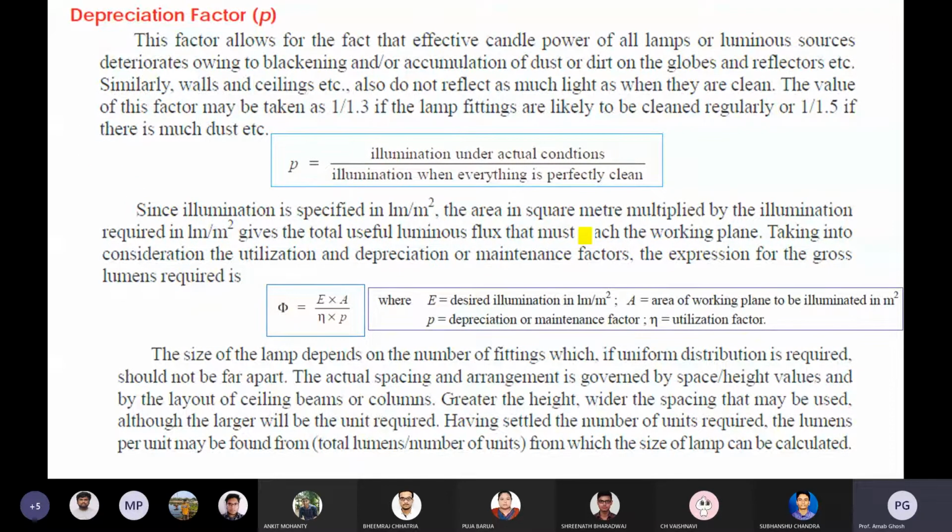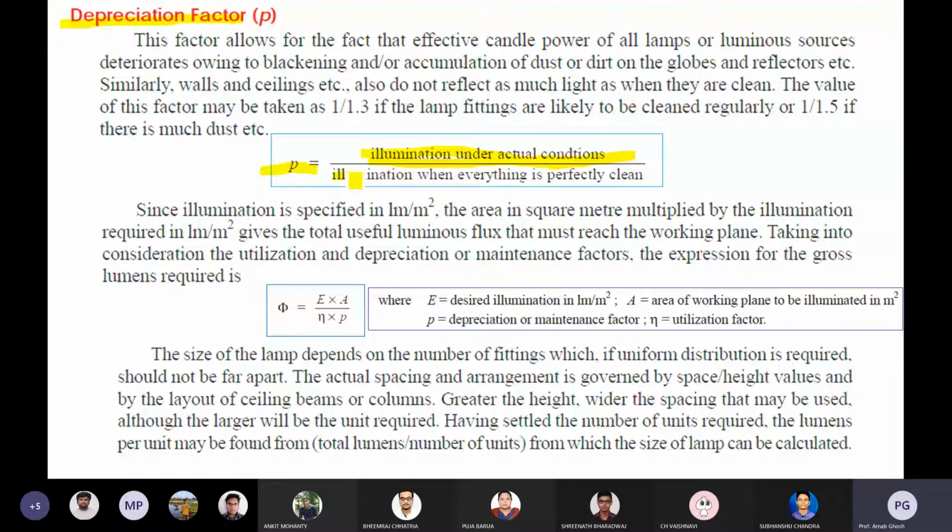Actual conditions means, as we discussed in my last class, sedimentation of dust or unnecessary dust collecting on your fittings. That may cause glare and diffusion as well as reduce the efficiency of your overall system illumination.